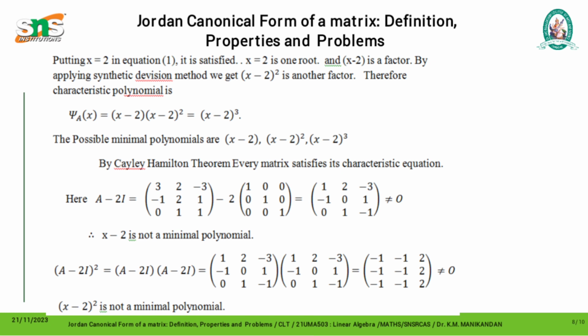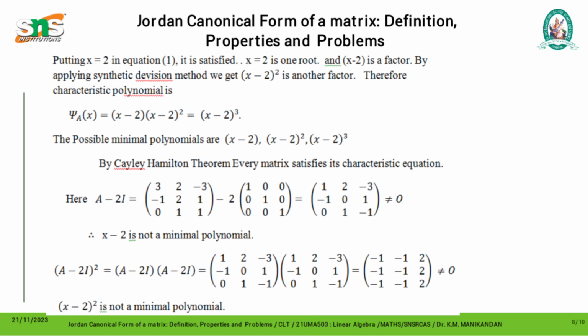Now, by substituting x equal to 2 in the equation, it is satisfied. Therefore, x equal to 2 is one root, and x minus 2 is a factor. The remaining factors are obtained by applying the synthetic division method. You will get (x minus 2) whole square as another factor. Therefore, the characteristic polynomial chi_A(x) is equal to (x minus 2) whole cube.